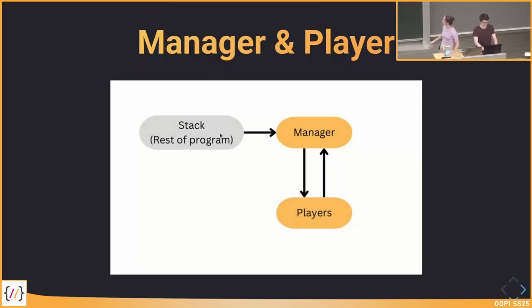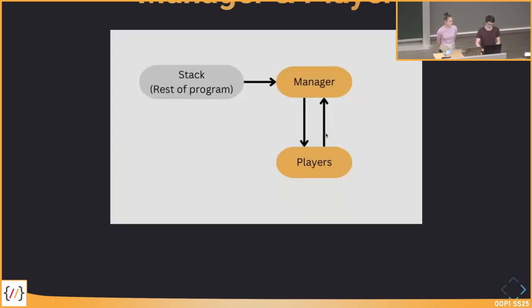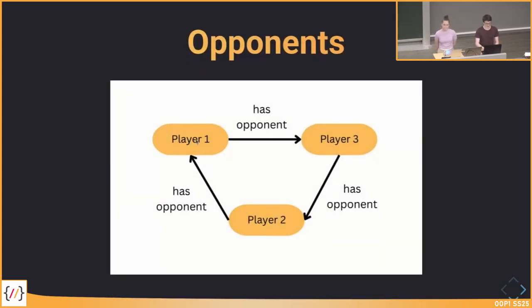Basically, the manager is saved on the stack, or it's not saved on the stack, you will see in a moment. But the manager has a reference to the players, and the players each hold a reference back to the manager. And then player 1 has a reference to player 3, because that's their opponent. Player 3 holds one to player 2, and player 2 holds one to player 1. So each player fights against each other player exactly once.